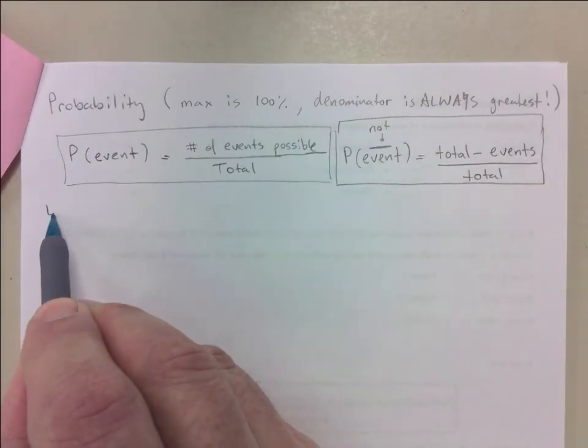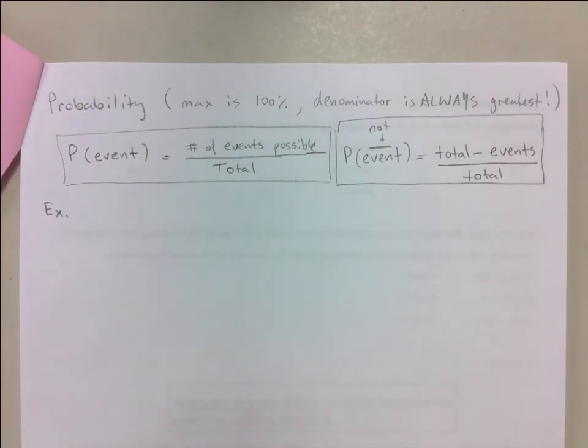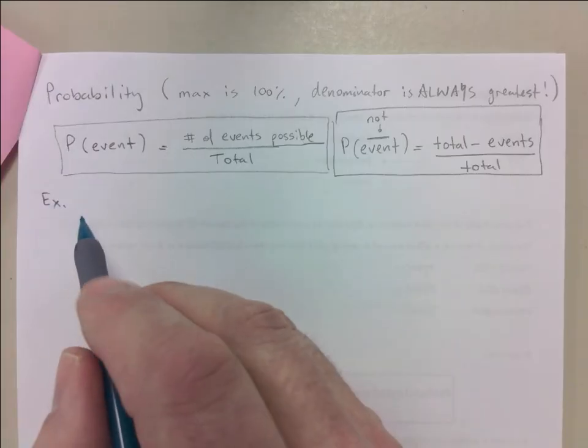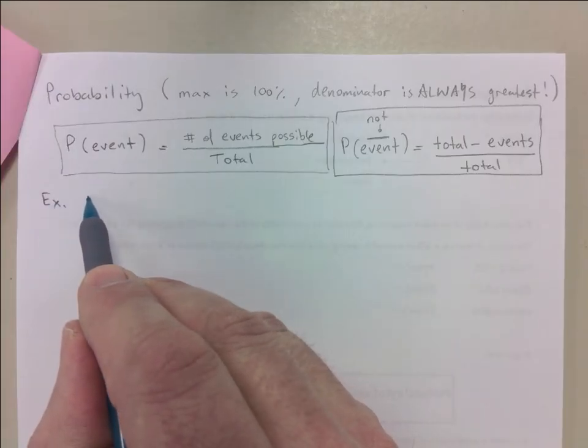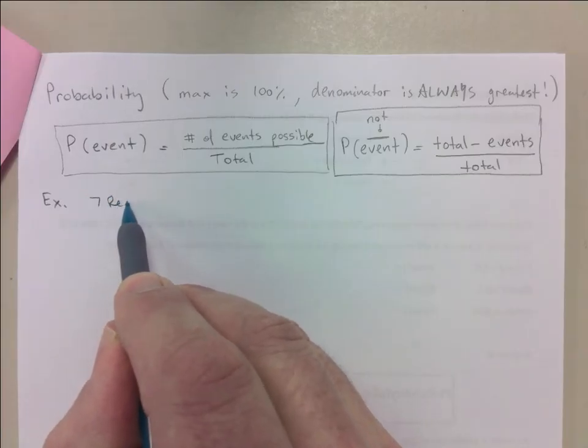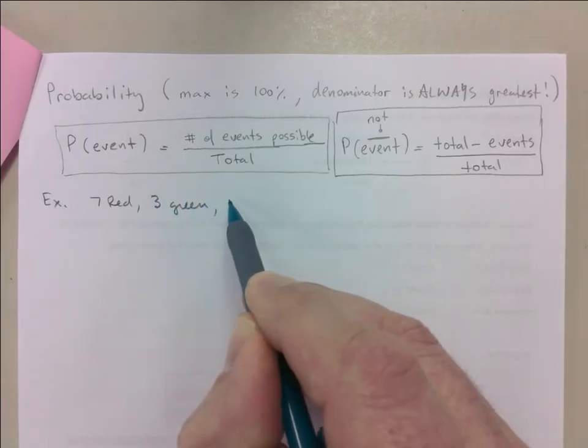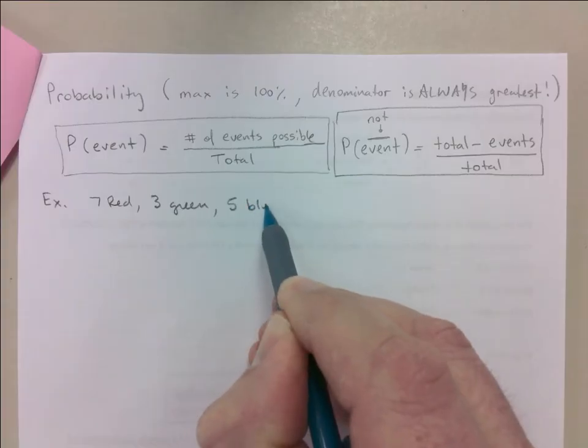And here's some examples to wrap your head around this. Very simple. There are 7 red marbles, 3 green, and 5 blue.